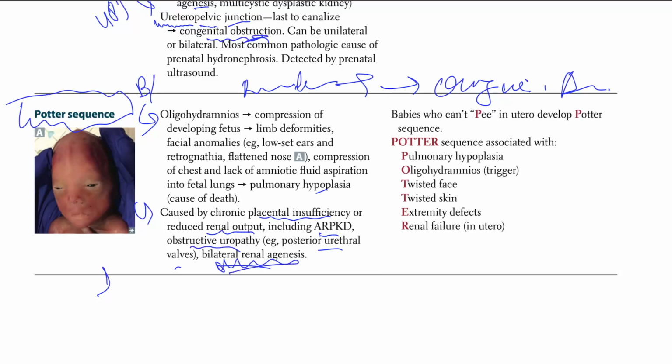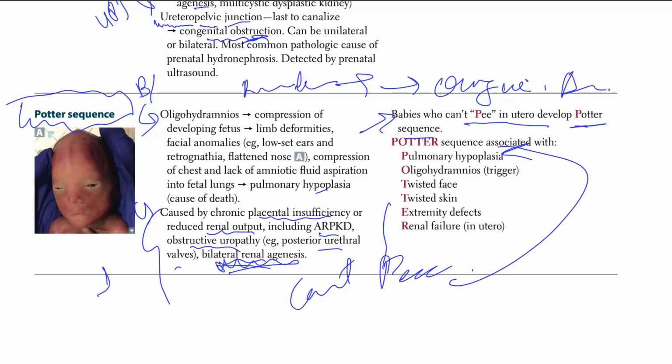This is what I talked about, right? So babies who can't pee in utero develop Potter sequence. Very nice mnemonic. So when you can't pee for any cause, you are going to develop the Potter sequence, in which you will have pulmonary hypoplasia, or for oligohydramnios, which is the trigger, or which does all the work.